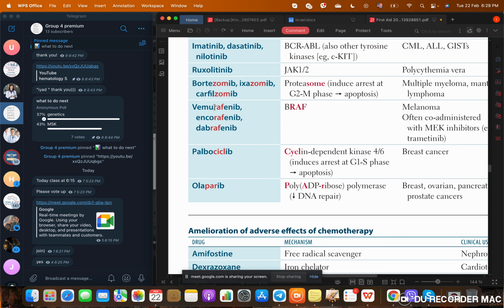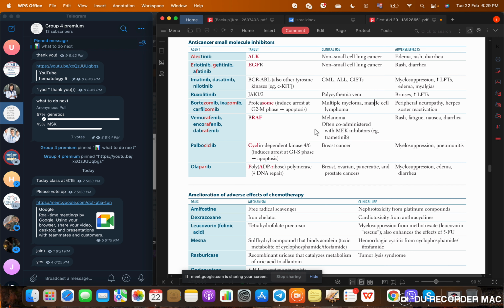So here we have the RAF inhibitors, like vemurafenib. They work at the BRAF and can be used in melanoma. I know that I told you that you should not need to know which disease each drug is used for, but from this page I can tell you that imatinib and CML, you have to know that. Polycythemia vera and ruxolitinib, you have to know that.